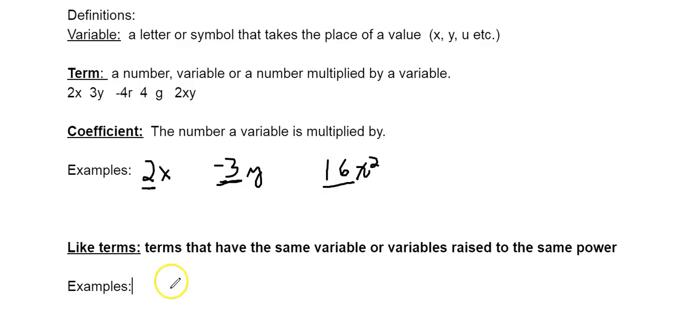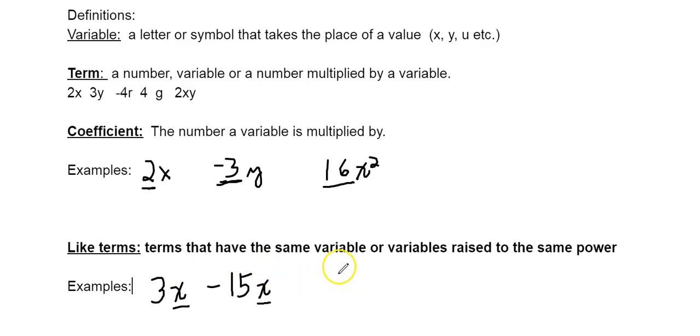So for instance, here you have, maybe you got 3x and negative 15x. Okay, because they both have the same variable x, raised to the same power. In this case, that power is the exponent, so this would be a power of 1. Those would be like terms.